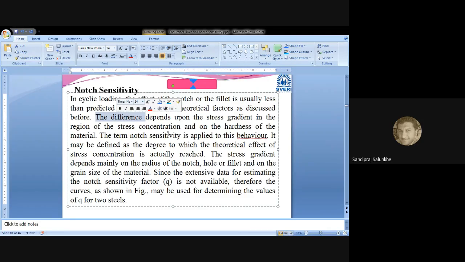To accommodate that difference, we are going to introduce this new quantity, which is connected with the notch sensitivity. All these things I have written in this slide.